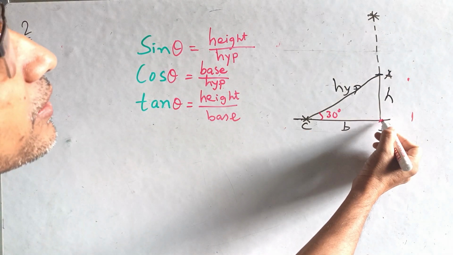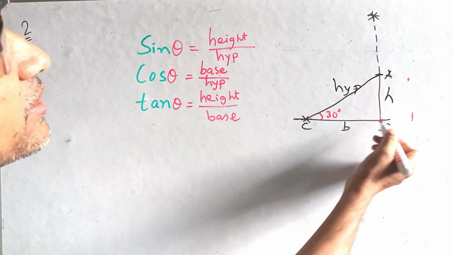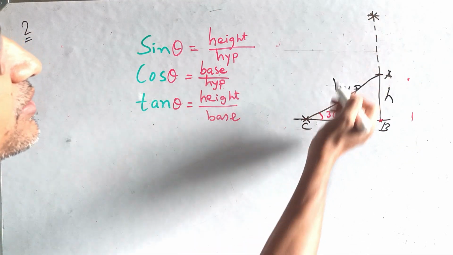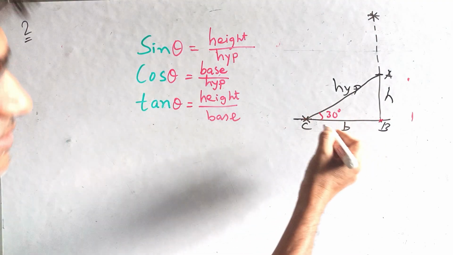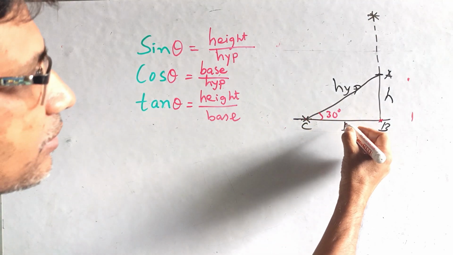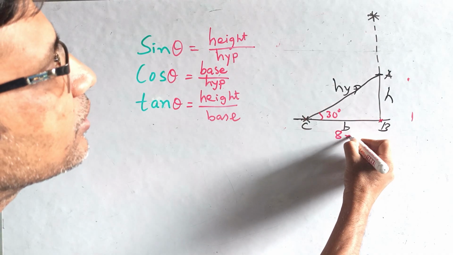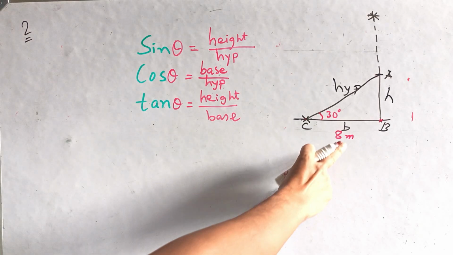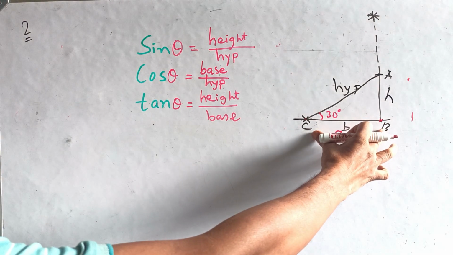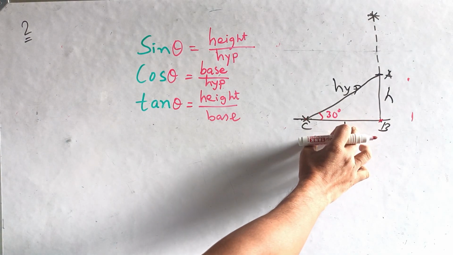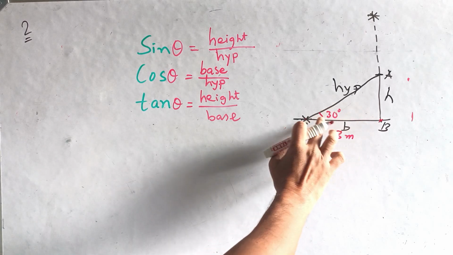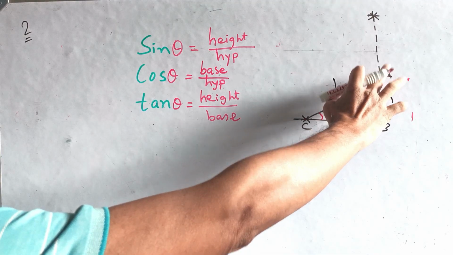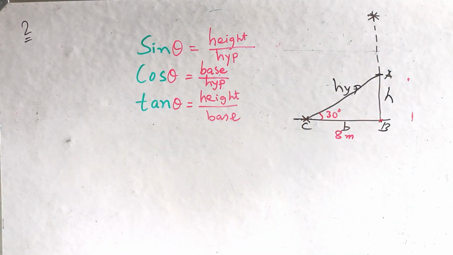So from the base of the tree to where the top is touching, this is given as 8 meters. So BC, the base, is 8 meters, and 30 degrees is the angle of inclination.